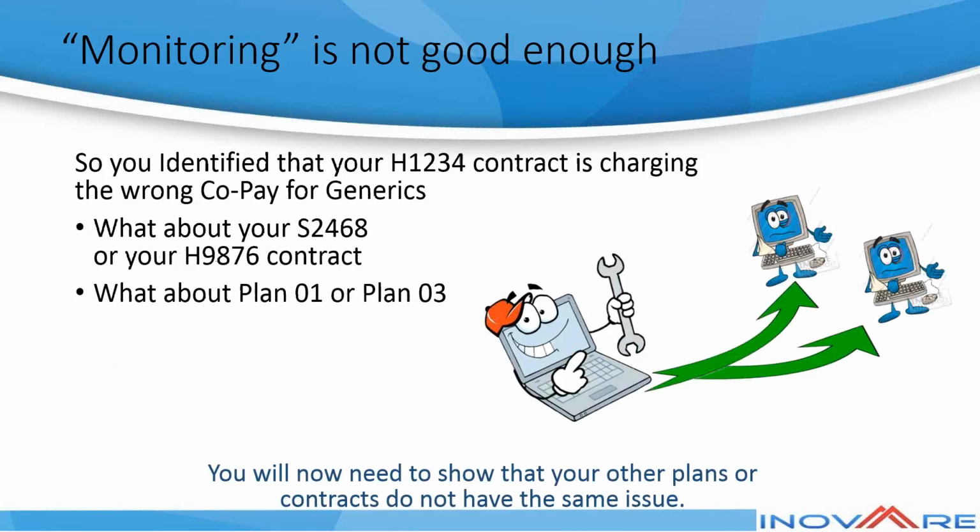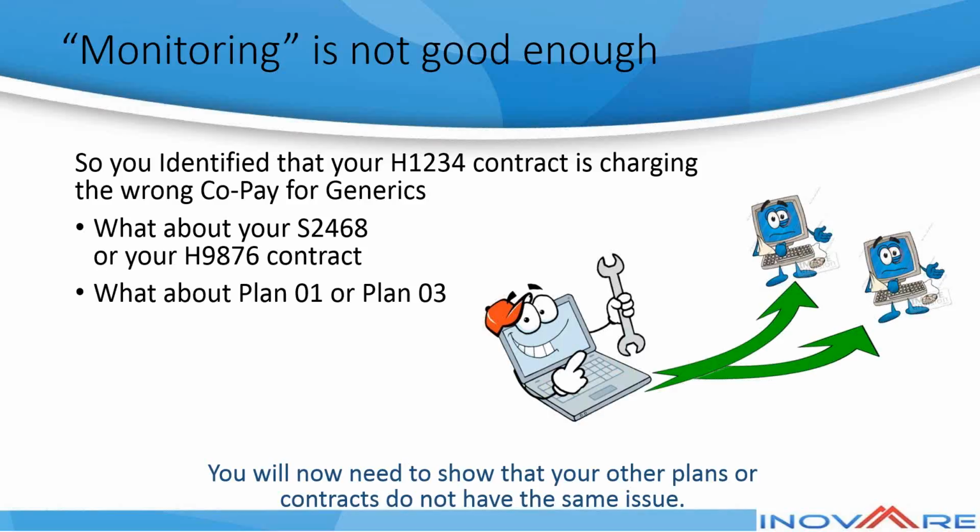Again, one of the key elements that this change brings in place is that you now have to look across all your elements, across all your plans. If it was wrong in Plan A, did you verify it in Plan B? One of the things that makes it difficult for plans is that in many places they're actually separate databases that you're having to go across and look. The elements inspection and pharmacy, have the copays been set properly across many different levels?